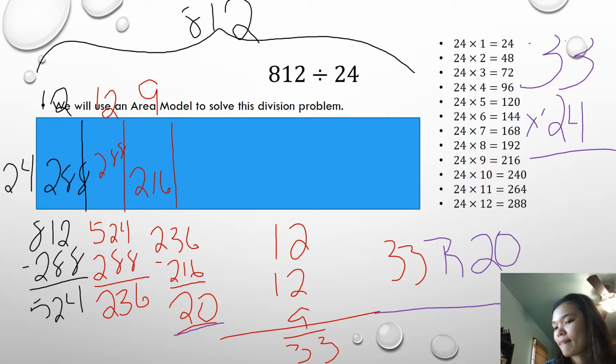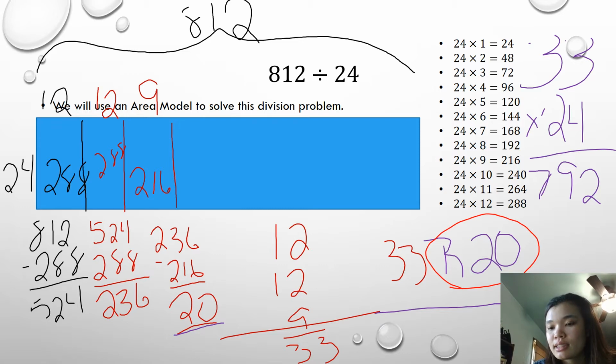What is that? 792, right? Now what do we do with that remainder? Where does that come in? 792 is not 812, right? We have to add that 20 in there, and that is where we'll get 812.